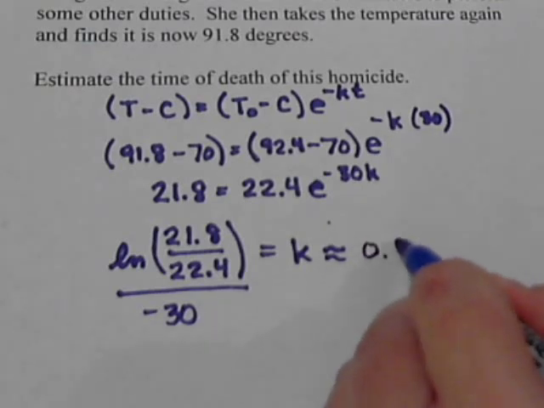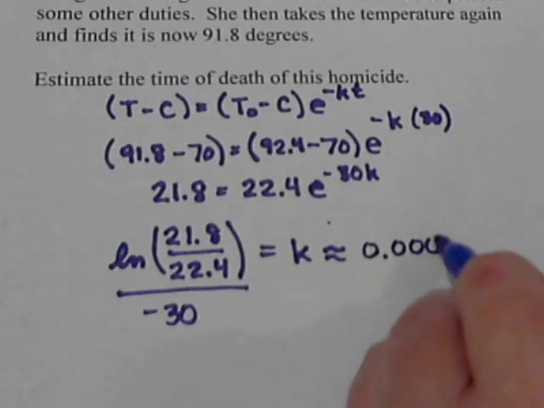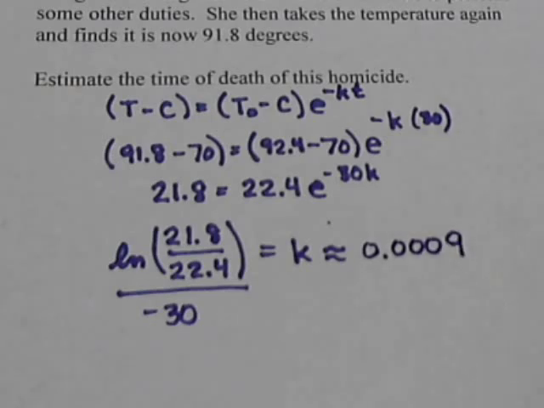So we end up with 0.0009. Some of you may get something that looks like 9.0503, then some notation and a negative 4. That just means to move the decimal 4 places in front of the 9, so the 9 becomes the 4th decimal place. All right, so we've got our cooling rate.